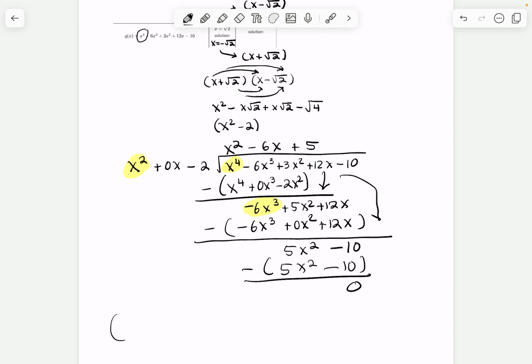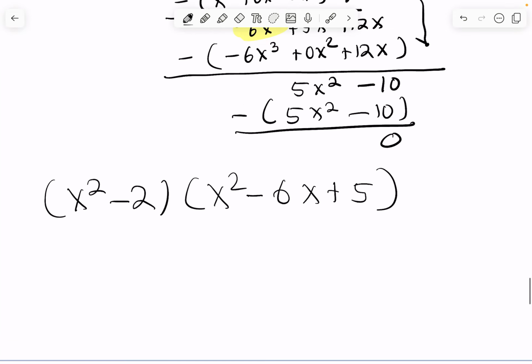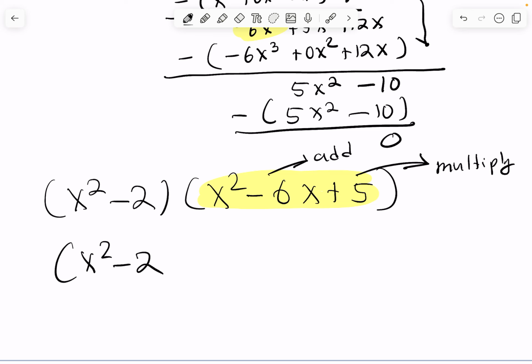So right now we got x squared minus 2 times x squared minus 6x plus 5. This ends up being factorable. So you want to multiply to 5 and then add to negative 6. So you get x minus 5 and then x minus 1.